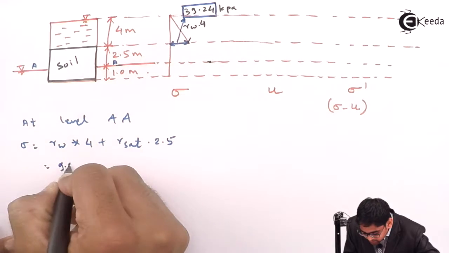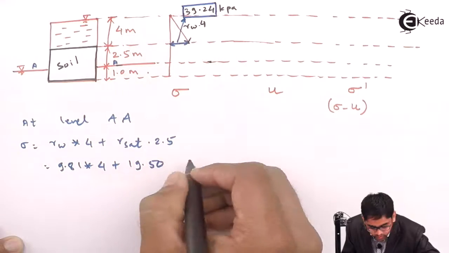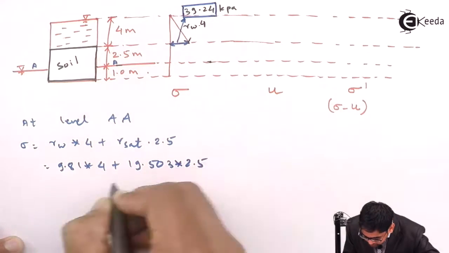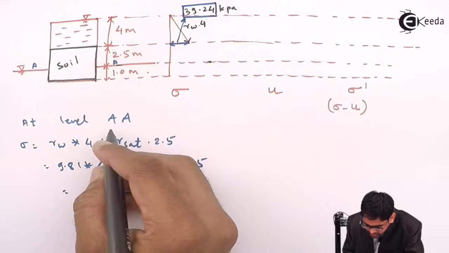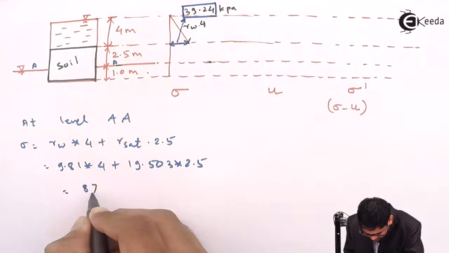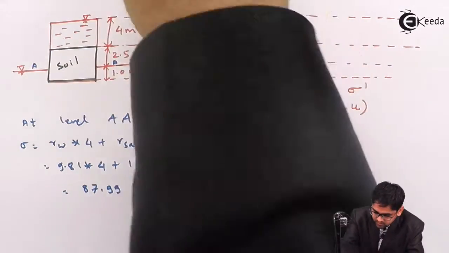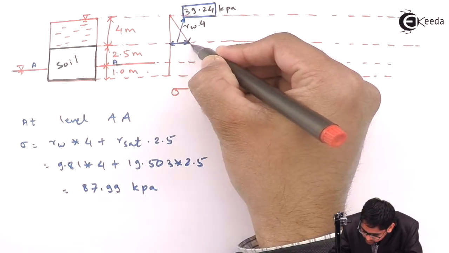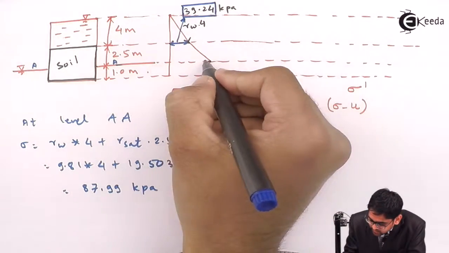So it becomes 9.81 into 4 plus gamma saturated, which we calculated as 19.503, into 2.5. 19.503 is the saturated unit weight of the soil. So the total stress acting at the level AA will be 87.99 kPa. So it will be like this, 87.99 kPa.